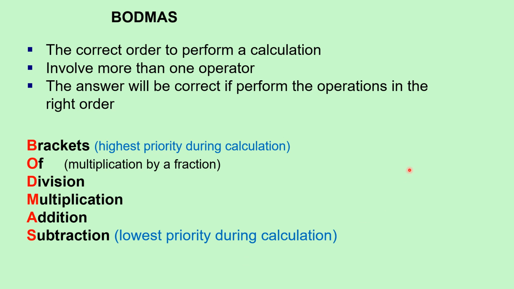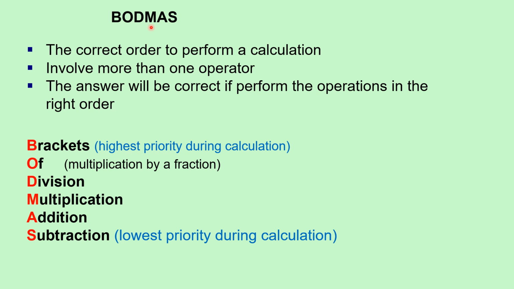Okay, next we are going to look at BODMAS. So what does BODMAS stand for? B is the brackets, which means it shows the highest priority during calculation. O is the 'of', multiplication by a fraction. D, division. M, multiplication. A, addition, and the last one, S, is the subtraction, which shows the lowest priority during calculation.